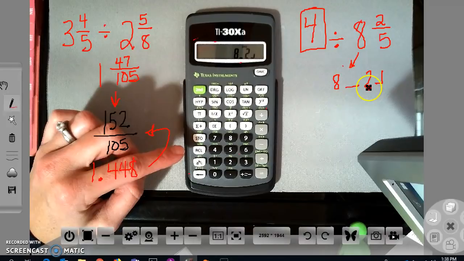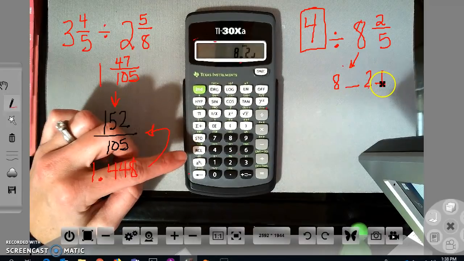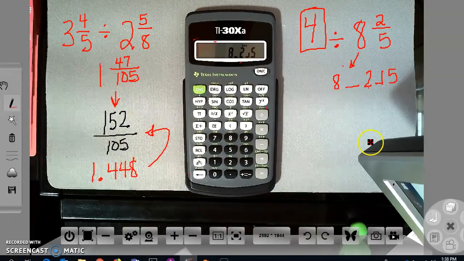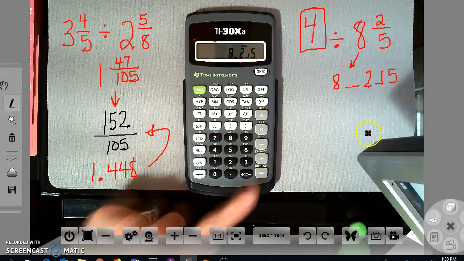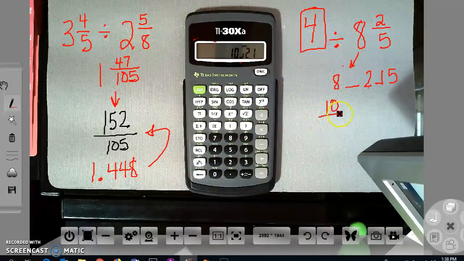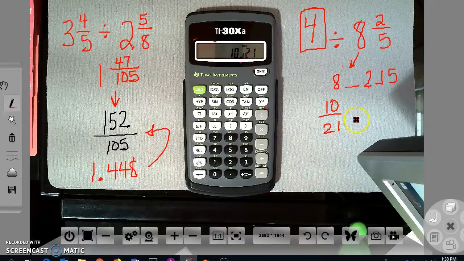The whole number, the numerator, the fraction bar, and now the denominator. And then press equals. 10 over 21 is our answer.